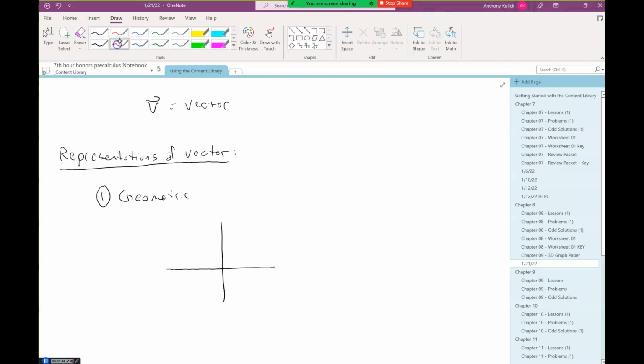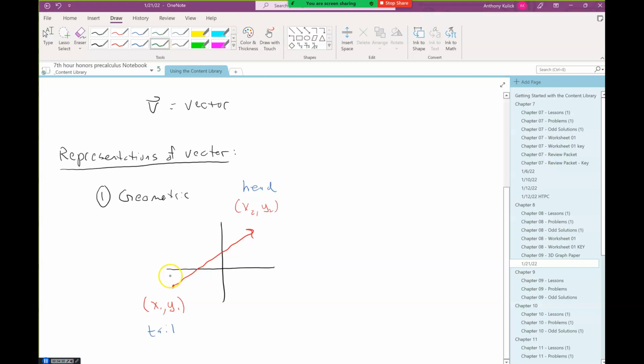If I draw a graph, my vector on that xy axis consists of 2 points. The point where the vector starts, called the tail. And the point where the vector ends is called the head.